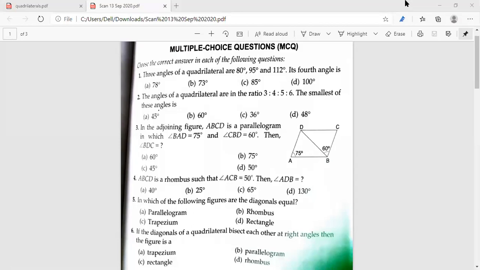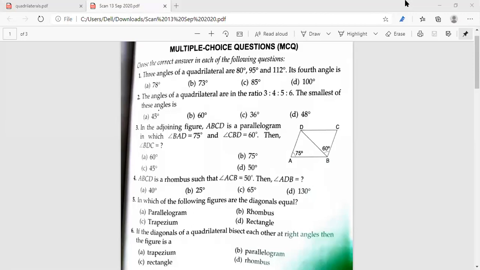Okay, ma'am. Draw the figure. The figure will not be proper unless you draw it properly. They have given angle ACB, not BCD, and ADB they have asked.